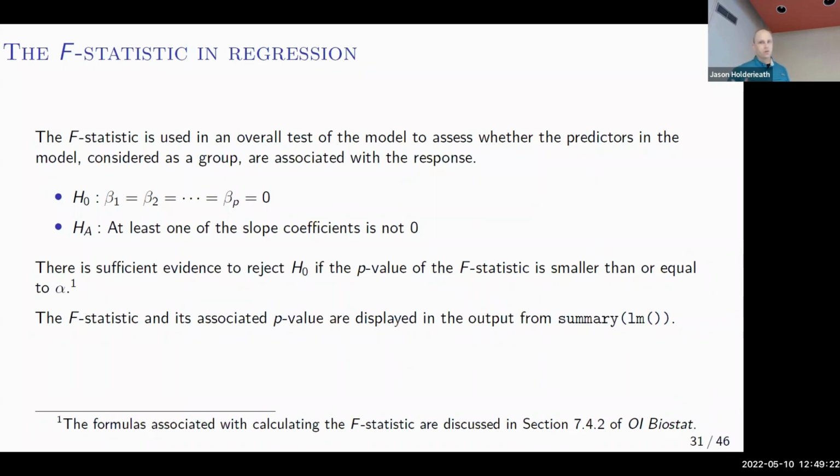If you do the F test and you find out that the p-value is small enough, then you have sufficient evidence to reject the null and say that at least one of the coefficients is not 0. With the F, you don't have an answer on which one.